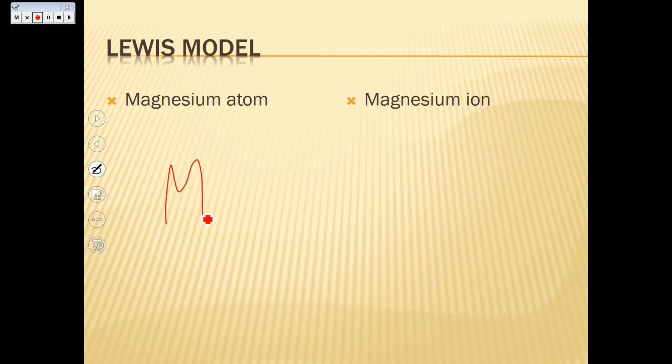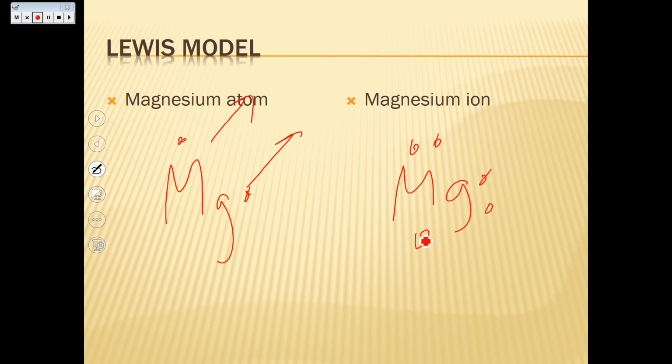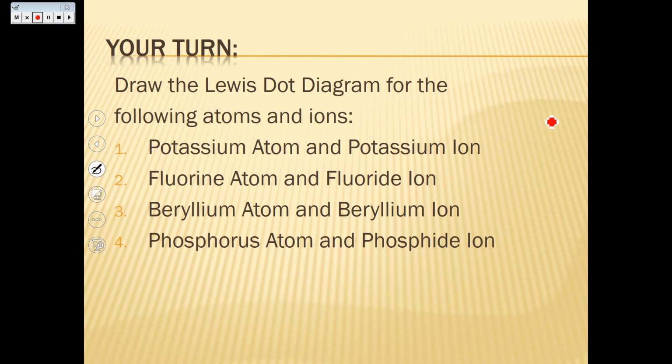For magnesium, magnesium is in group 2, so it has 2 valence electrons. When it loses those 2, its new inside shell will have the 8 stable electrons it needs, and it becomes 2 positive. We will do these pictures in class together.